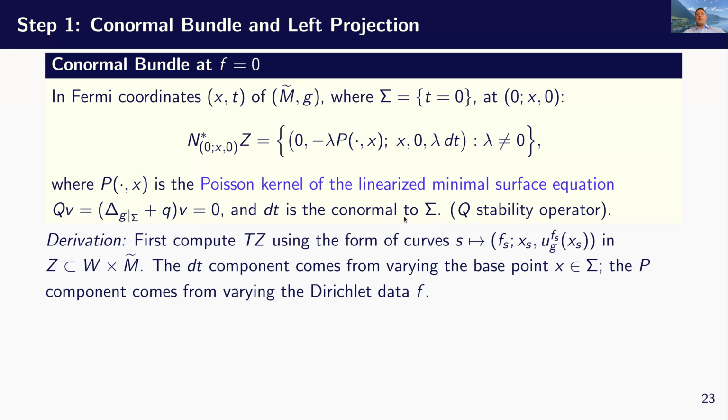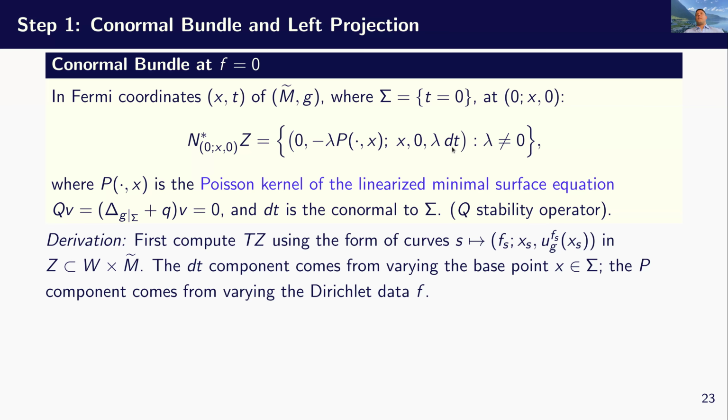To get the conormal bundle, which means the set of covectors which annihilate the tangent bundle, you first need to compute what is the tangent bundle. So you need to compute what is Tz here. How to get that is that you consider curves in Z and you differentiate that path at S is 0. So these points belong to Z, and then you differentiate at S is 0, then you will obtain what is Tz.